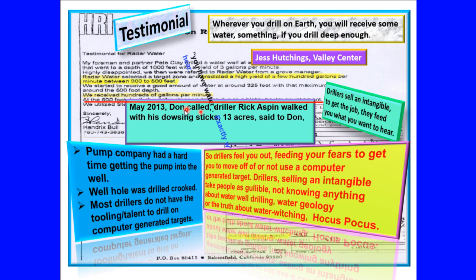May 2013, Don called. Driller Rick Aspen walked with his dowsing sticks, 13 acres, and said to Don, "You have water." Exactly what Don wanted to hear. Drilled to 1,000 feet. Ouch.